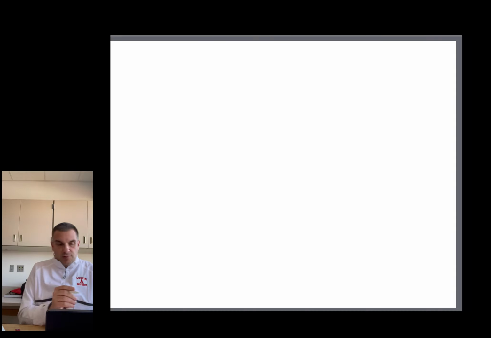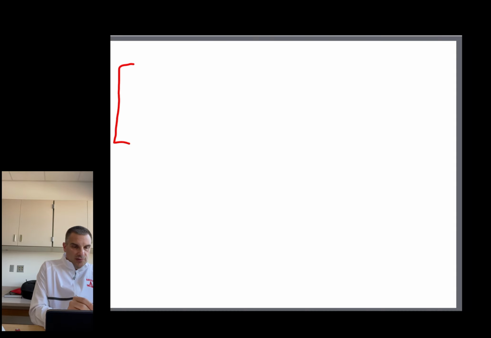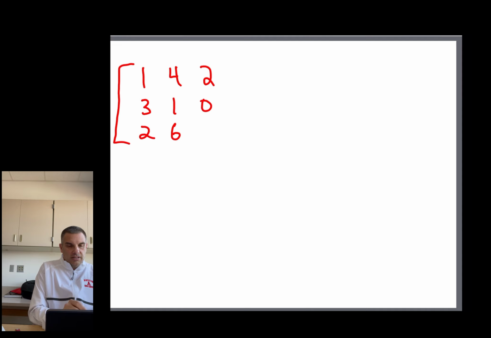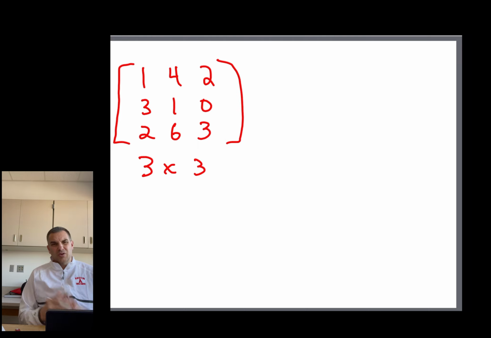Next one. Let's go 1, 4, 2, 3, 1, 0, 2, 6, 3. Okay, so we've got a 3 by 3. So I want this one to work, so let's think about it.